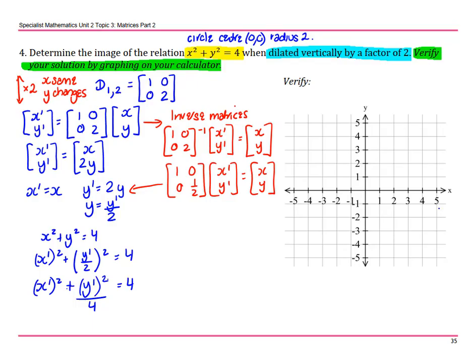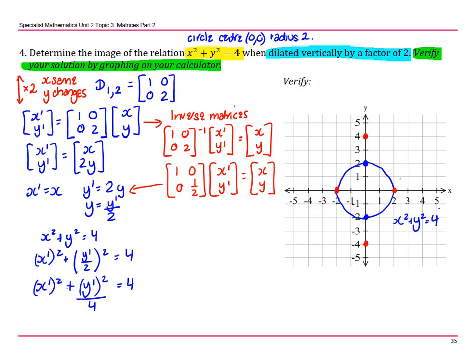So let's put that on our graph. You should be able to draw your circle without going to your calculator, so that your x squared plus y squared equals 4. And as we found, our image is an ellipse.